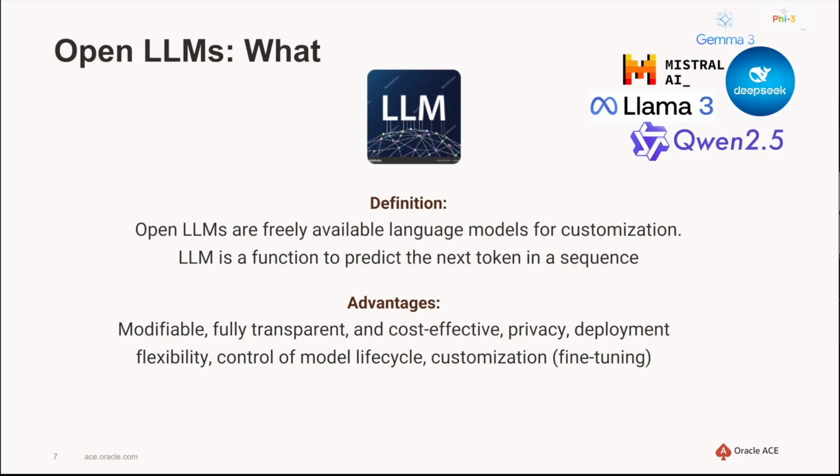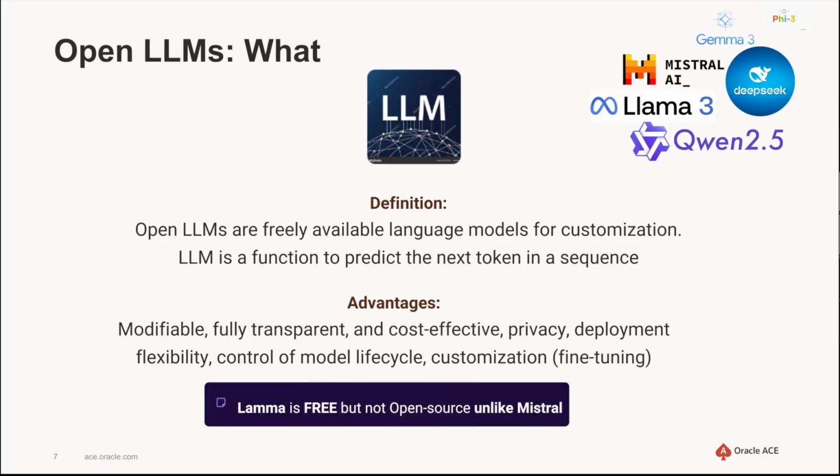And one of the things most people get confused about is that Llama is free, but not actually 100% open source. Why? Because Meta provides the weights for free, and some papers, but they will never provide the training data sets. Unlike Mistral, that's 100% open source. So this is the difference.